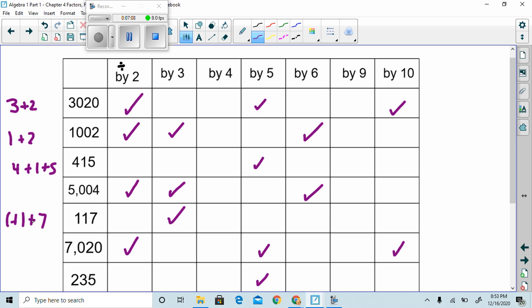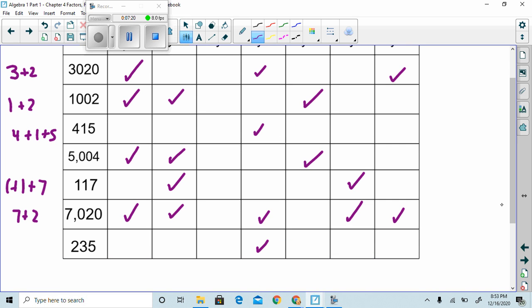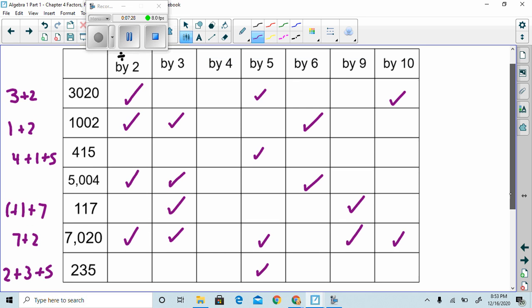And guess what? That's also divisible by 9. 7 plus 2 is also 9. Divisible by 3 and 9. 235, that's 2 plus 3 plus 5, which gives me 10, not divisible by 3.